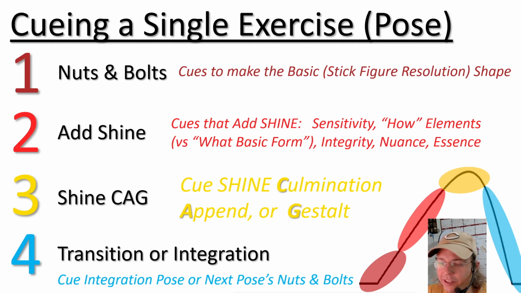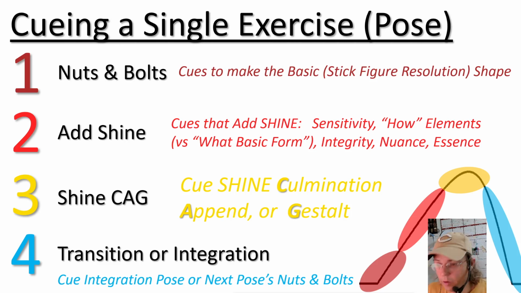You're just cueing the nuts and bolts of the next pose to transition, or you're cueing to get into an integration pose so that folks can allow what has happened in the last pose or the last few sets of poses to trickle and integrate into the body.